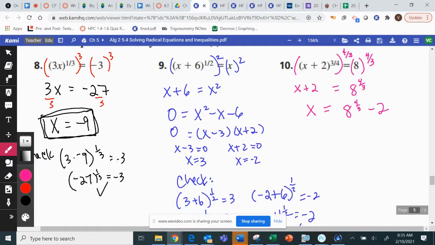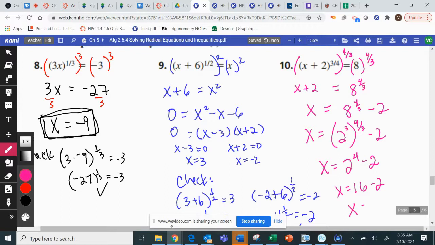So I need to figure out 8 to the 4/3. So I'm going to take my 8 and make that 2 cubed to the 4/3, and then multiply my exponents. So I get 2 to the 4th, which is 16 minus 2, which is 14.